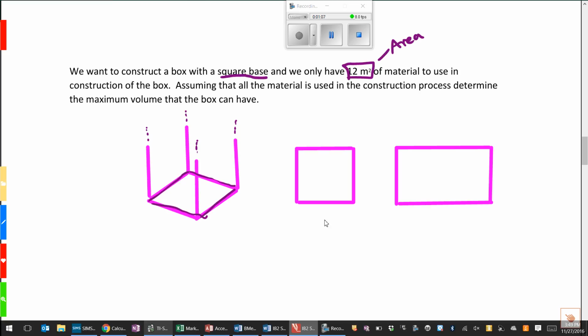So what I've done here, sorry, dodgy lines, is just show we've got a square base, but then we've got 4 of these. We've also got one that will end up on the top, so 2 of those. If we set this as x, the area will be x squared.